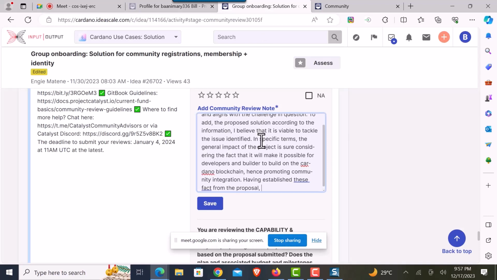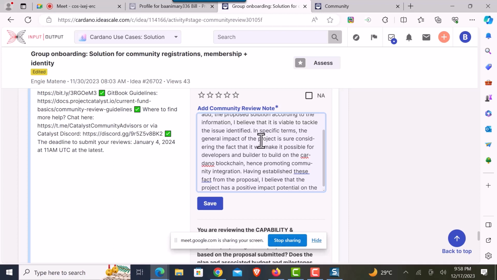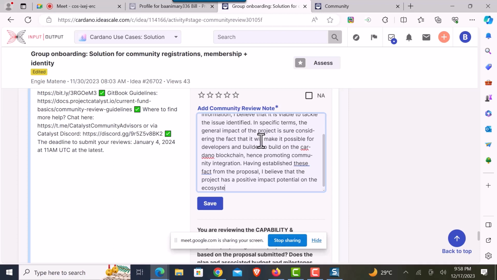So we are saying, having established these facts from the proposal, I believe that the project has a positive impact potential on the ecosystem, that is the Cardano ecosystem. I don't want to repeat it so much like that.